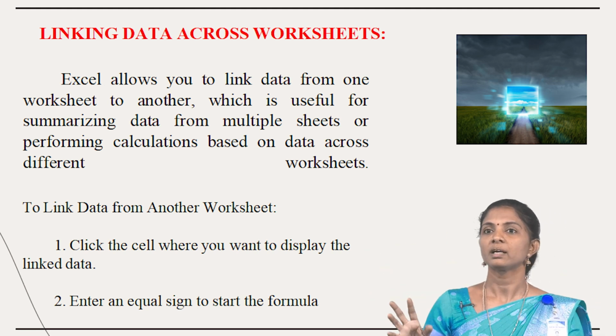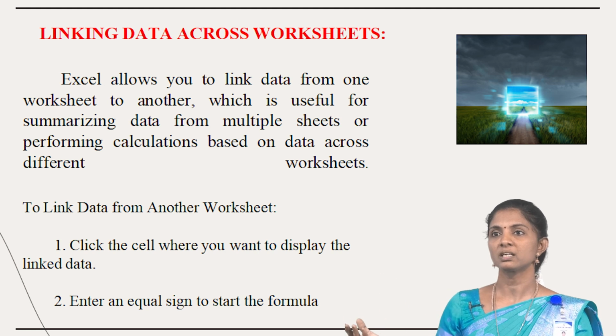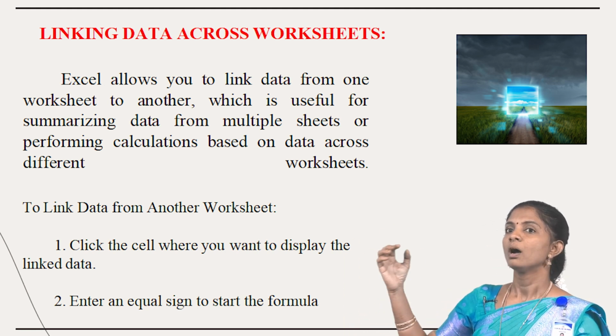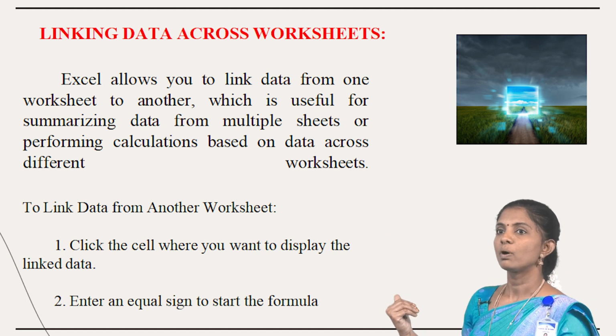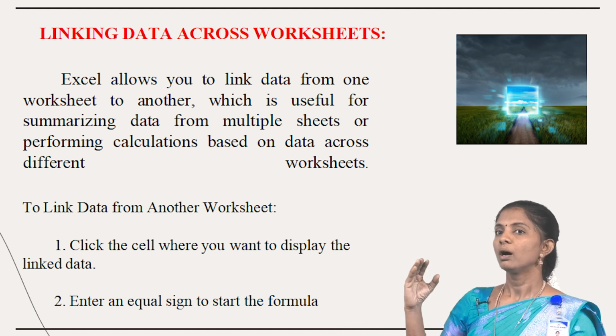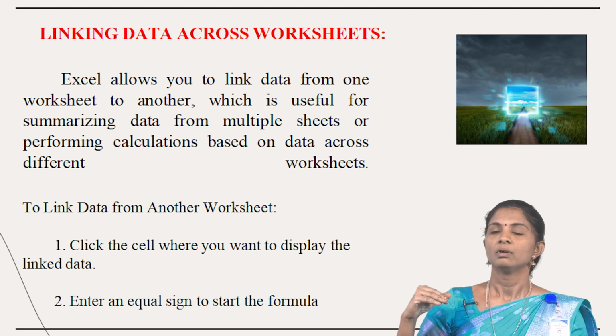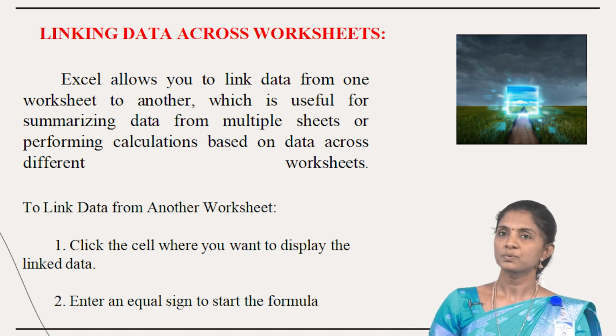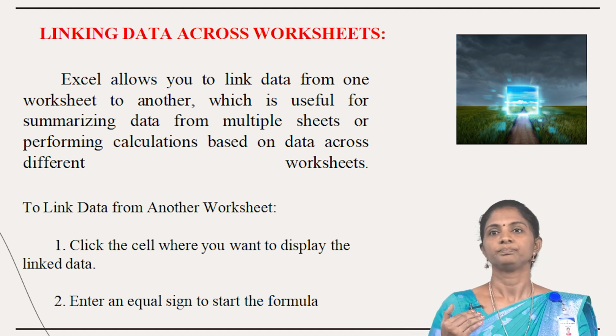Press Enter. Excel will create a formula that references the cell from the other worksheet. For example, C2 = A1. So in this way, the create, delete, and rename options are available in worksheets.